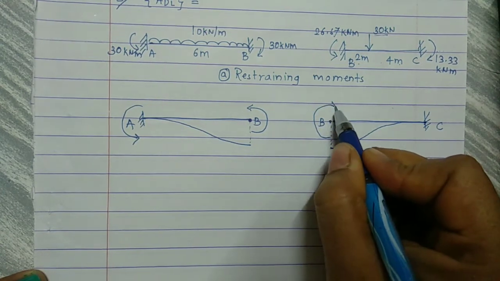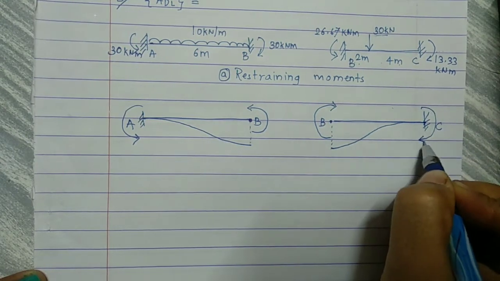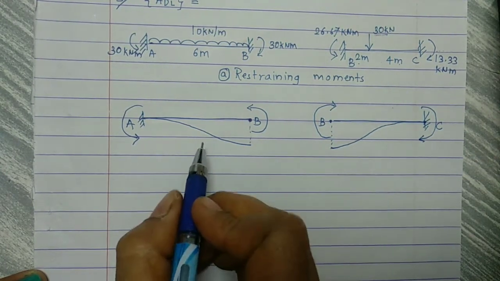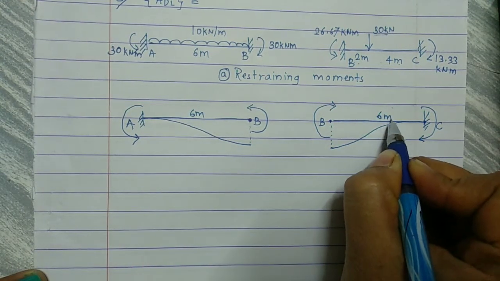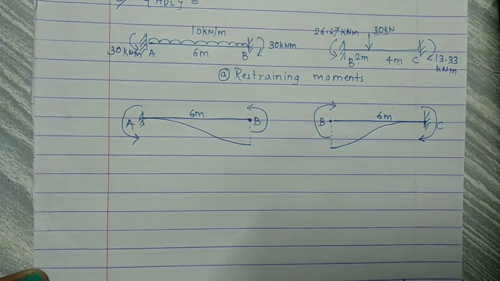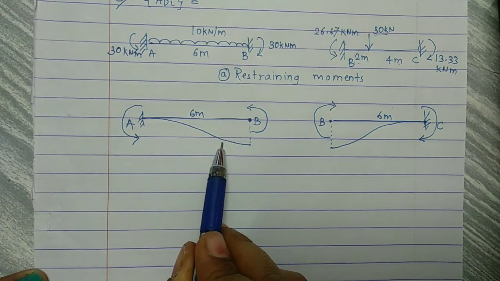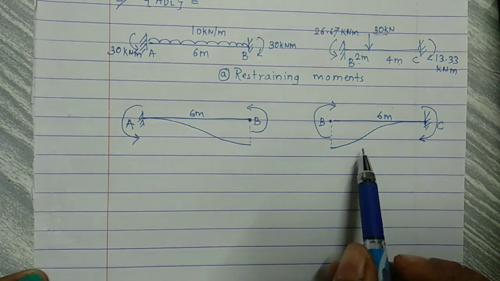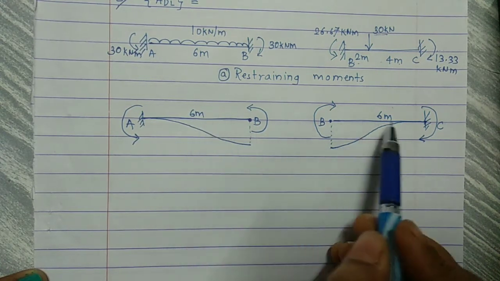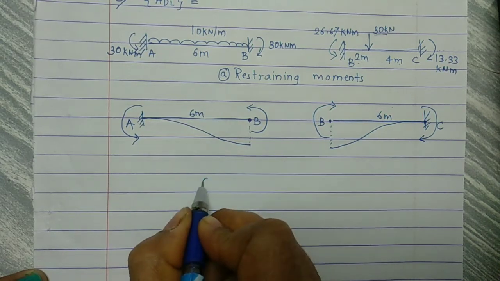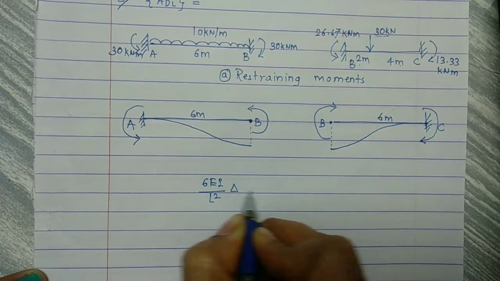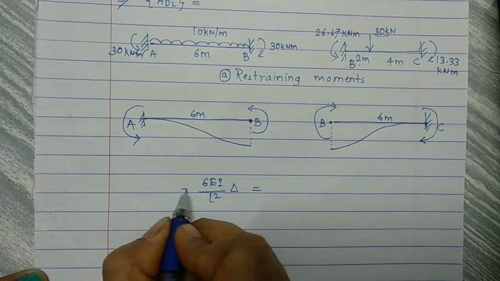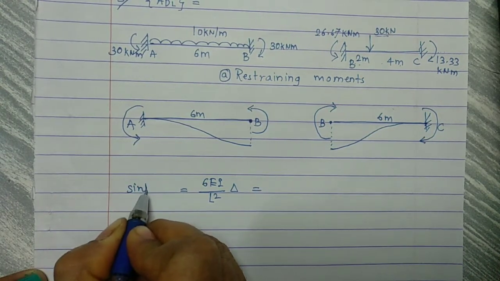So moments are in clockwise direction. Okay, the magnitude: length of member AB is 6 meter, BC is also 6 meter. So here 6 EI upon L square, 6 EI upon L square. As the length for both members is the same, we will calculate a common factor, 6 EI upon L square delta. That is the magnitude of the sinking moment.